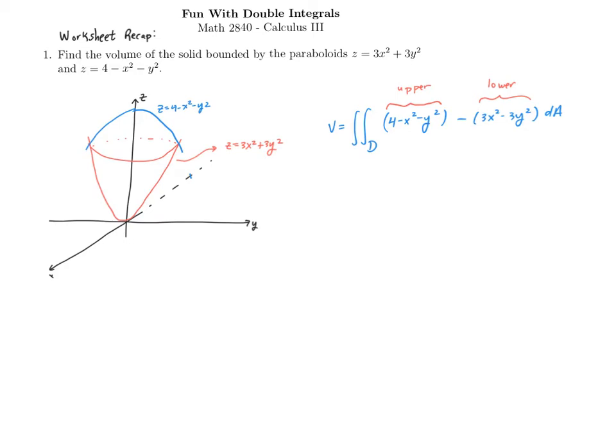Now, in terms of determining what this region of integration D would be, I'll give you two perspectives. One is you can imagine there's a sun sitting directly above this z-axis, and what you want to know is what the shadow of this solid looks like.